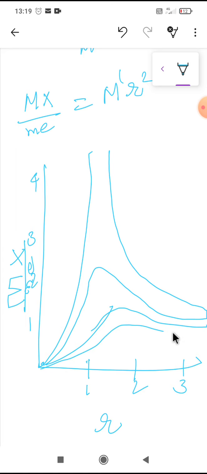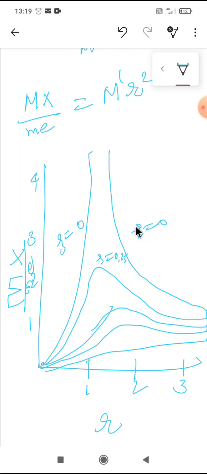As you can see here, this is for zeta equal to 0, and this is for zeta equal to 0.25. When zeta is equal to 0, it means that there is no damping coefficient, so there is no damper.